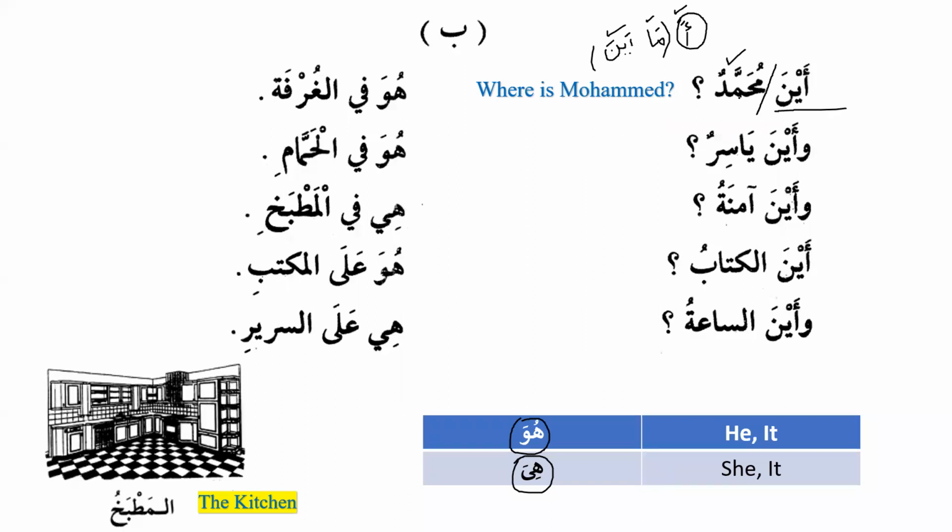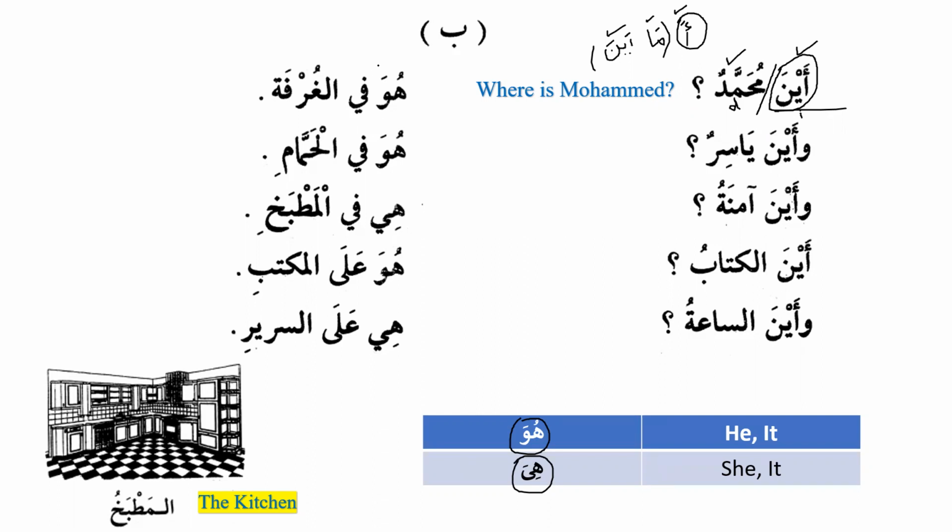Because it's ismul istifham, a question word used to ask a question, it is a requirement that it should come at the beginning of the sentence. However, the combination is the same. We have a definite noun here and an indefinite noun here, and we know that the combination of definite and indefinite noun makes a complete sentence. Aina Muhammadun, where is Muhammad?